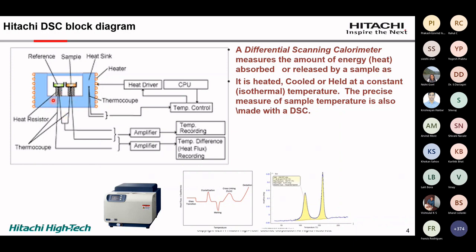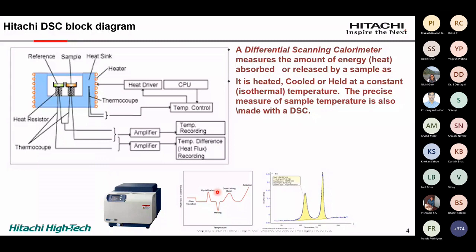That temperature difference created due to the endothermic reaction will be further amplified by the built-in electronics, and then you get a plot, typically shown at the bottom, of change in energy versus temperature.